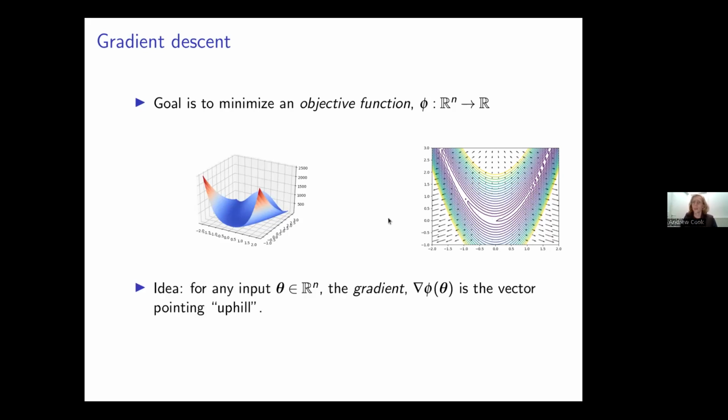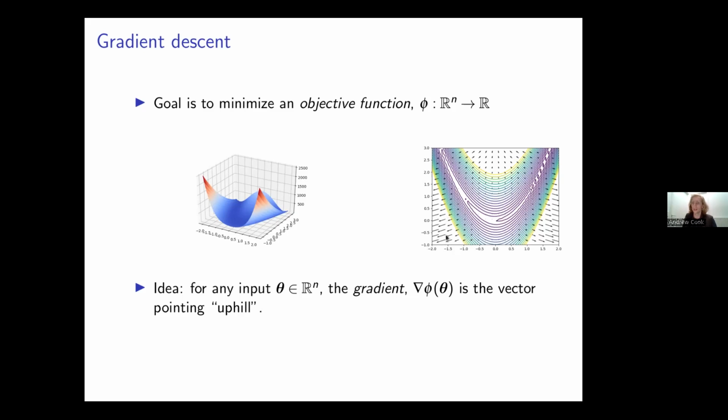The idea with gradient descent is you pick some input point and you look at the derivative of your objective function at that point. For a function like this, the derivative is just a gradient. So you've got a vector pointing in the direction that the function increases, and you can use that to determine which way is up and which way is down.